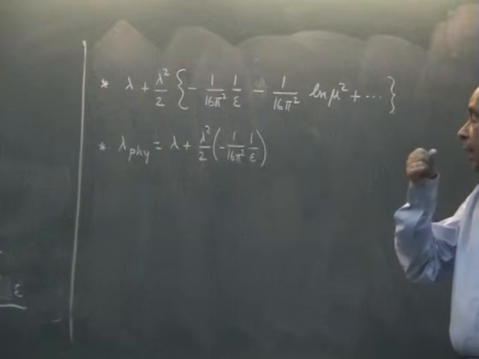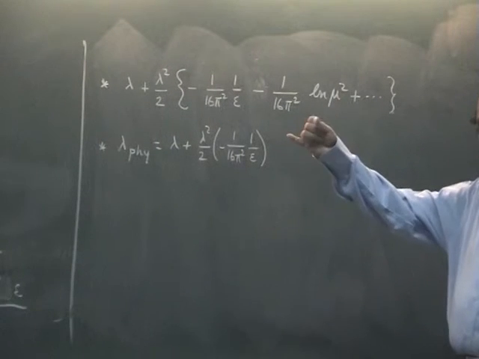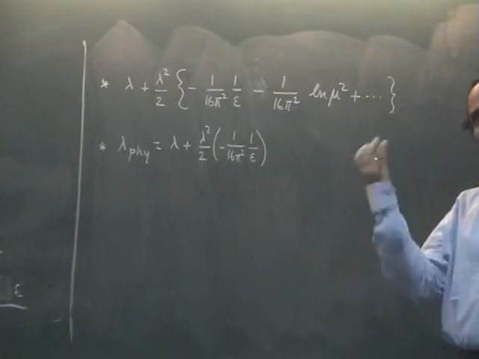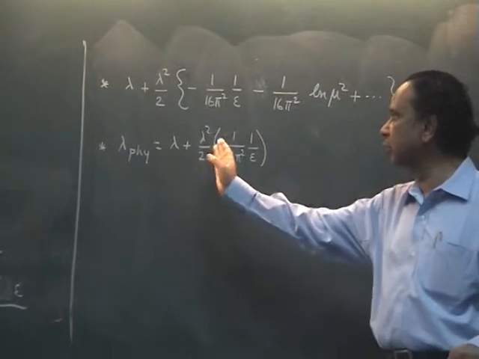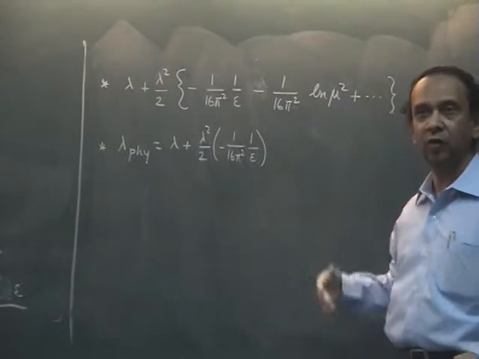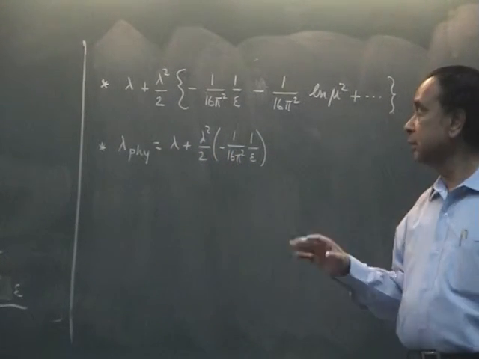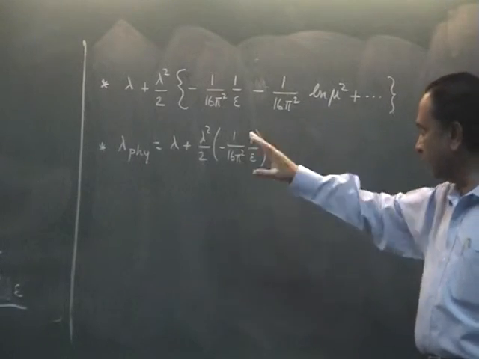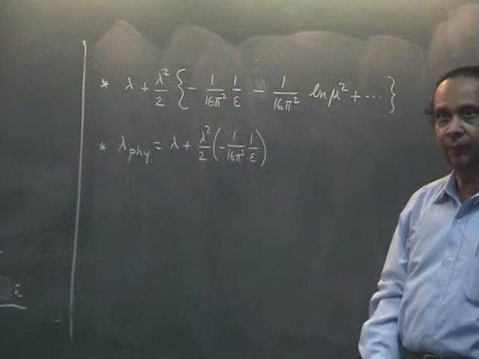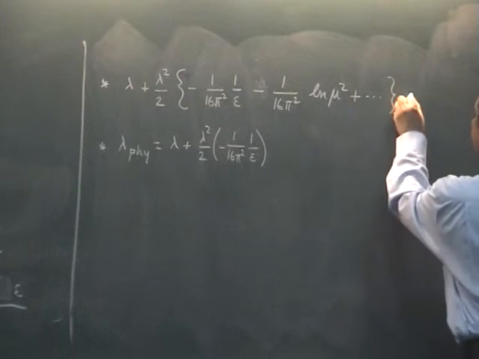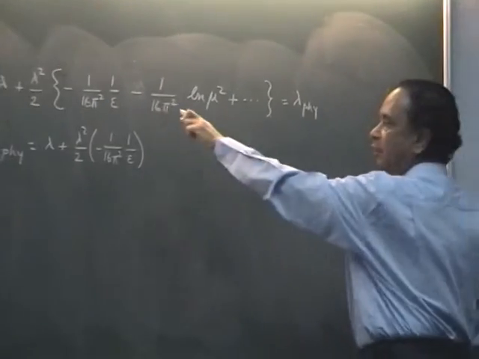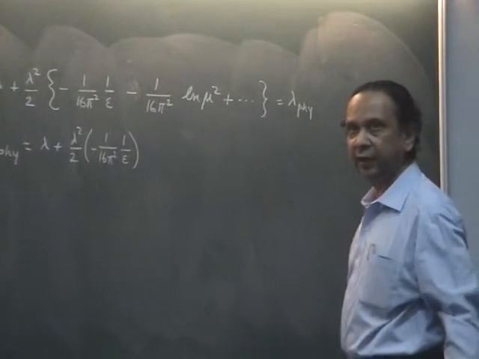Okay. Therefore, I can now go back and write everything in terms of this lambda physical, which is the same old game. You write lambda as equal to this quantity, to the lowest order it will be just lambda physical times this quantity. Okay. So once you have done that, this entire thing has been replaced by this lambda physical. So this expression is going to become something like lambda physical, which is the product of all these quantities.